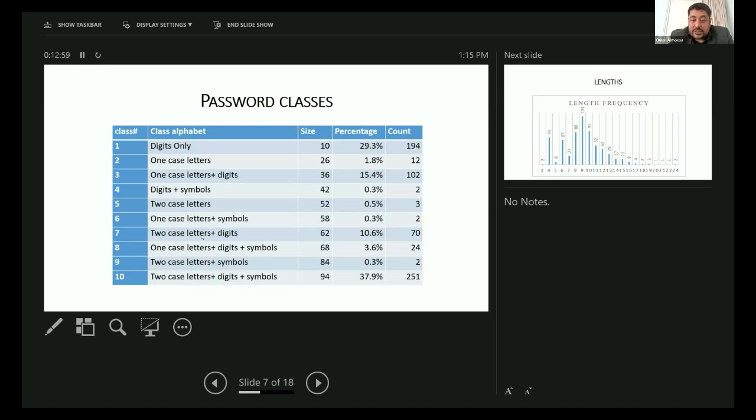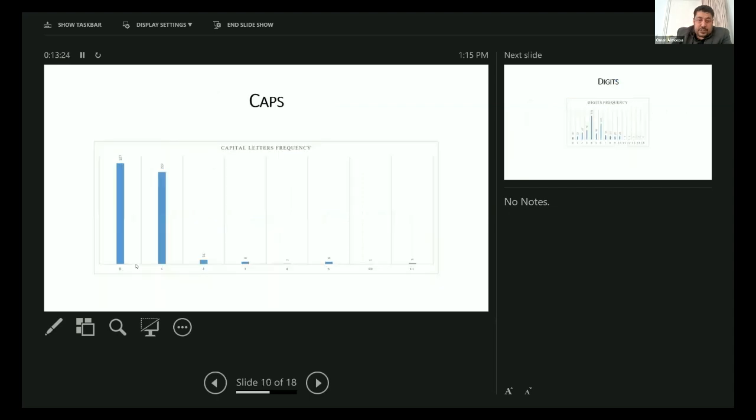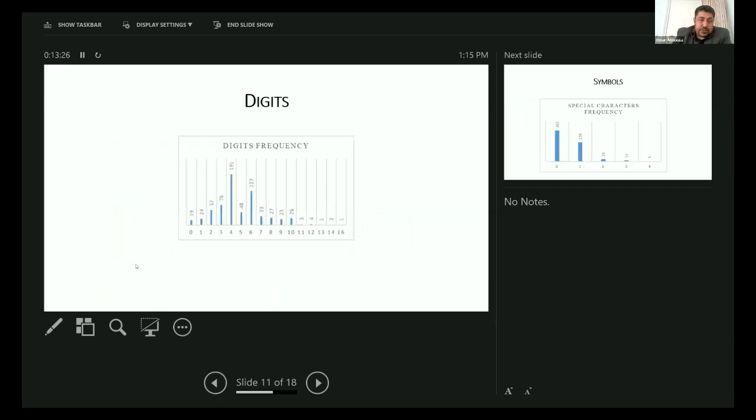So 1 case letter, 2 case letters, so you have uppercase, lowercase, and we have digits. 8 is also alpha strong. 9 is alpha strong, and finally 10 is alpha strong. So 7, 8, 9, 10 class numbers are alpha strong because they have the password generated from at least 3 sets out of the 4 sets we have.